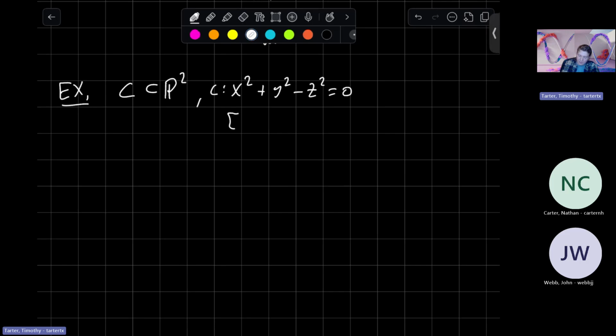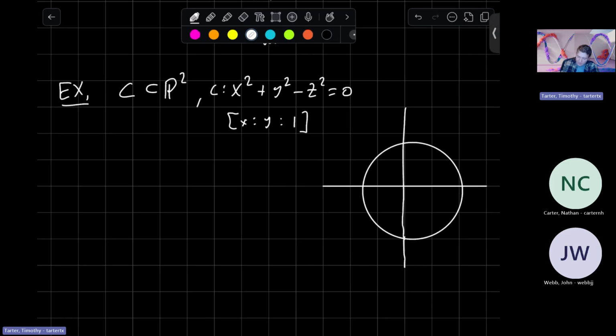When viewed on the affine slice x, y, 1, this is a circle.